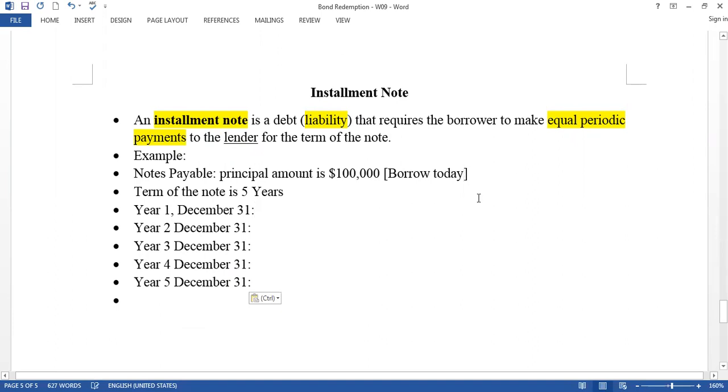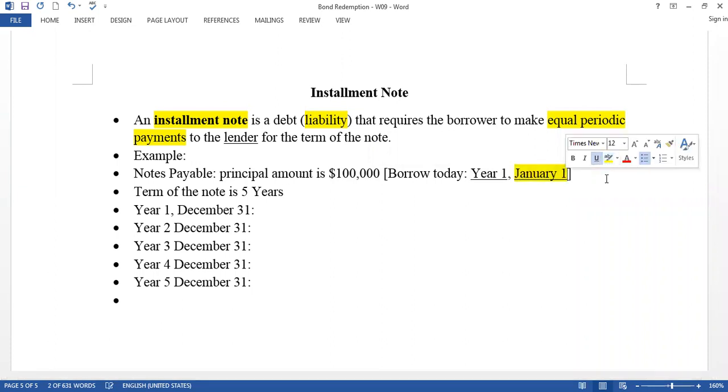And you borrow your money today, we assume that you borrow this money in year one, January 1st. So you borrow $100,000 at the beginning of year one, right?